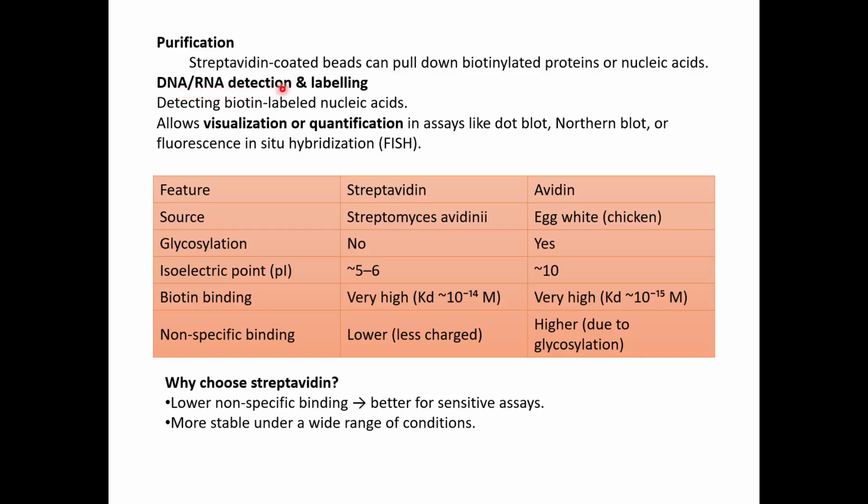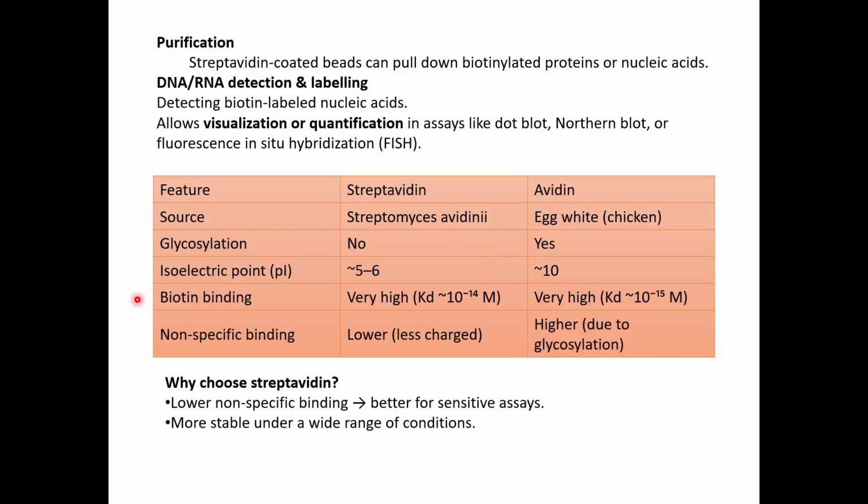It is also used in DNA and RNA detection by labeling, where streptavidin binds to the biotinylated nucleic acid. This allows visualization and quantification in assays like dot blot, Northern blot, or fluorescence in situ hybridization, which is FISH, for RNA and DNA detection.